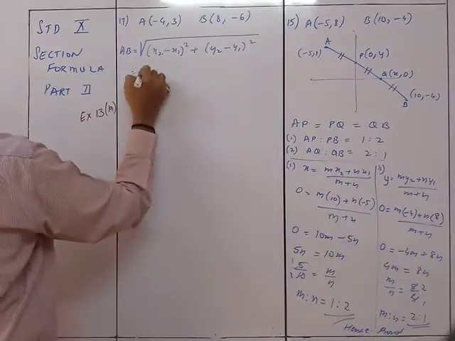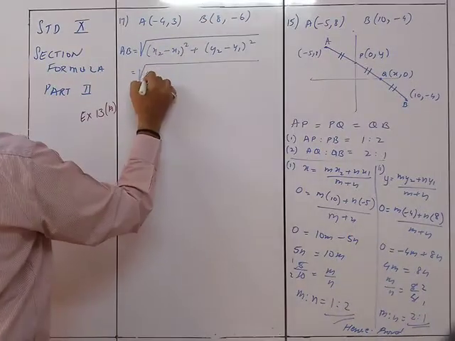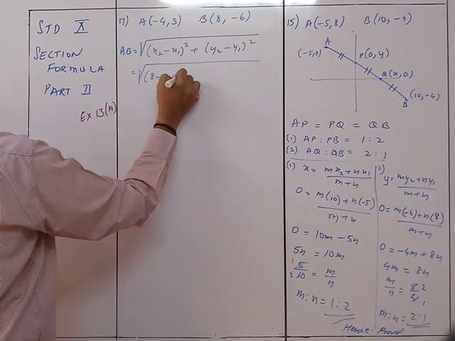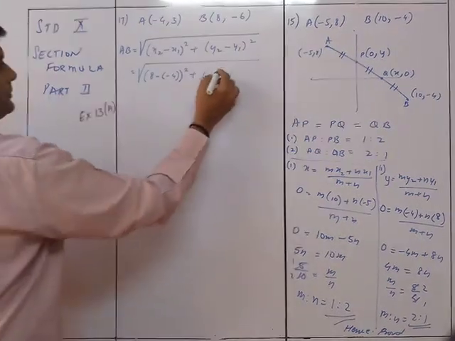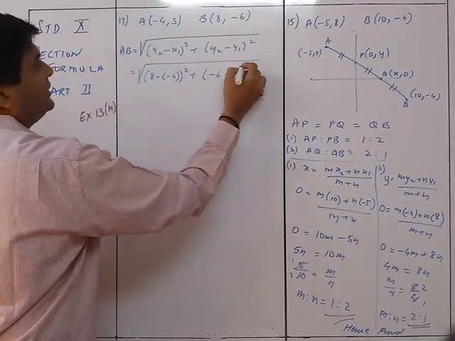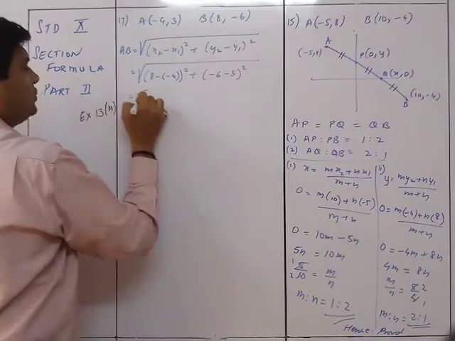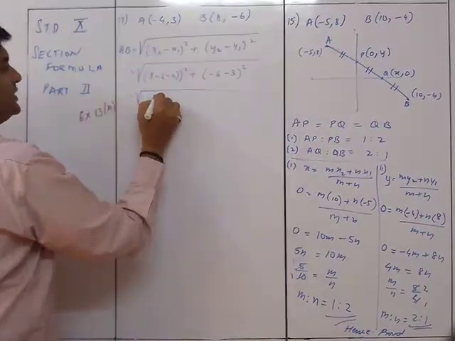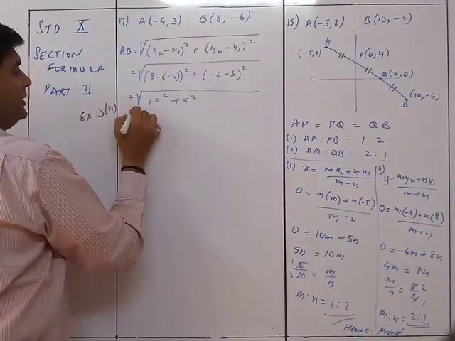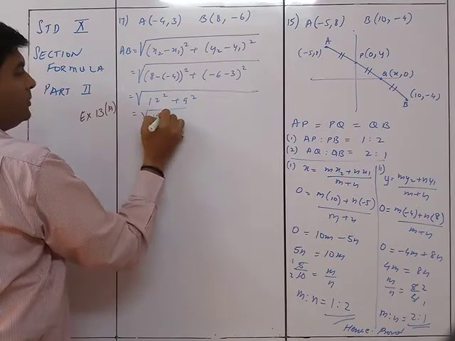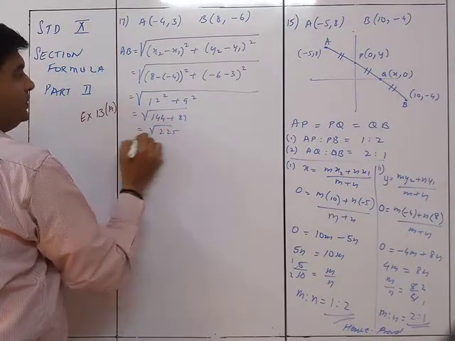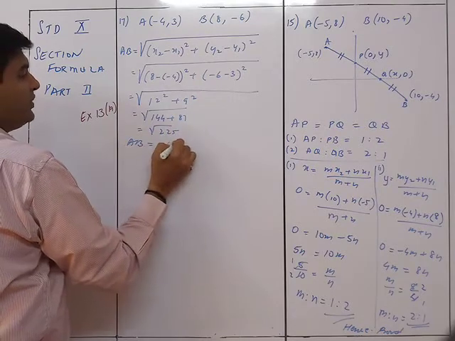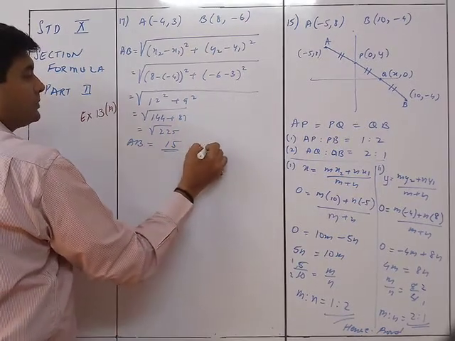So that will be square root of (8 minus of minus 4) the whole square plus (minus 6 minus 3) the whole square. So that's going to be 12 square plus 9 square, that is 144 plus 81, so that will be root of 225. So AB is equal to 15 units.